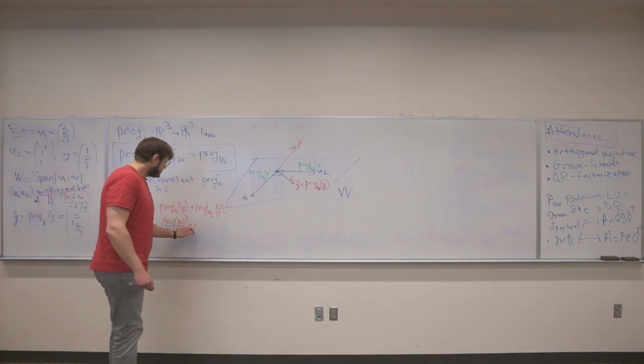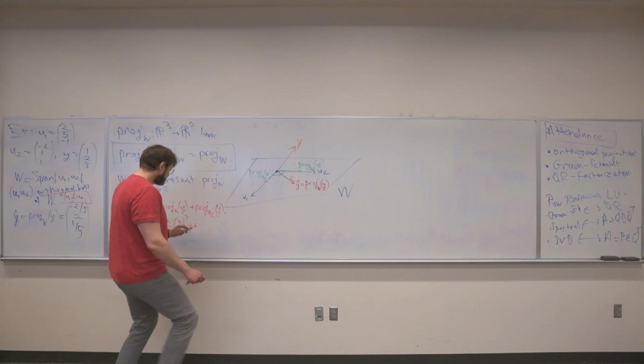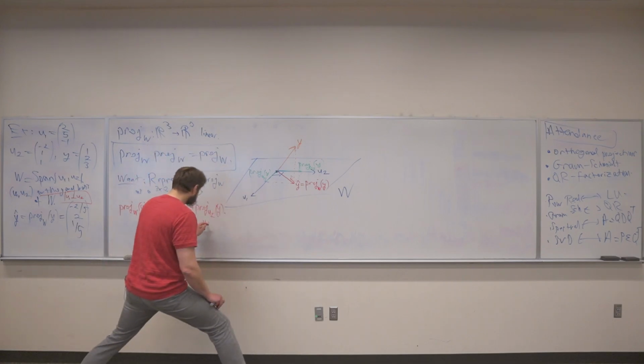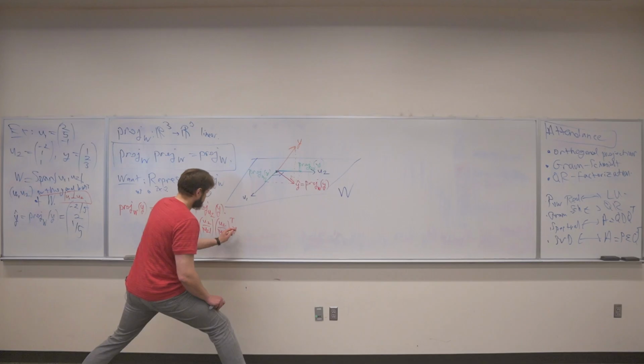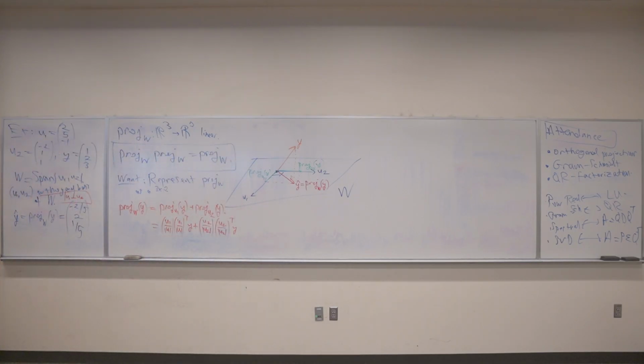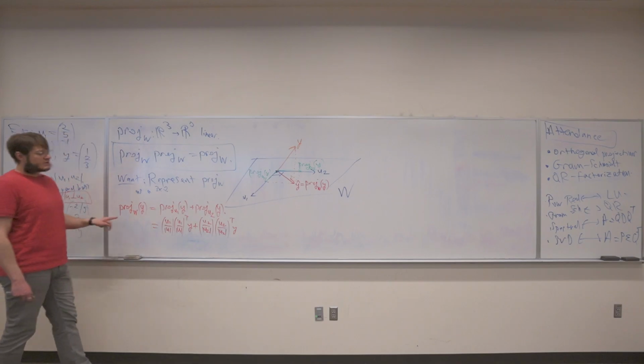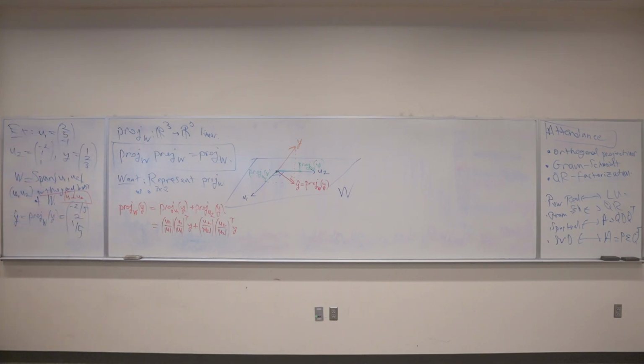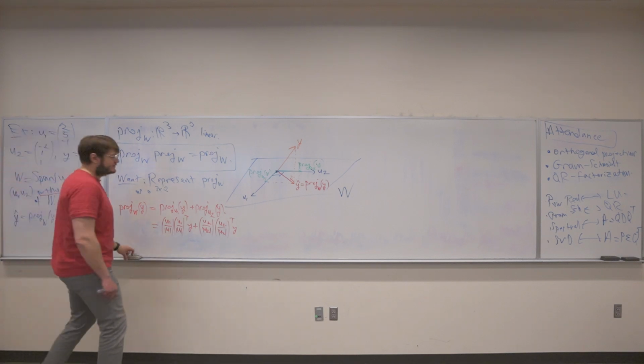And likewise, I can represent proj sub u2 as something similar. Okay. But then I can factor out the y and get one expression for proj sub w as a matrix. This was something that one of your colleagues mentioned at the end of last class. Certainly it is correct. It's not where I want to end up at, though.